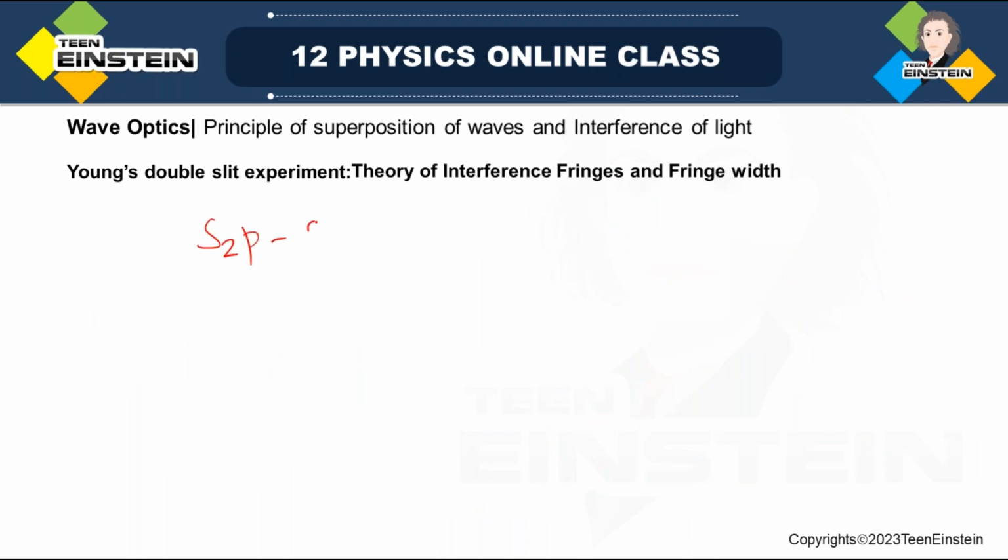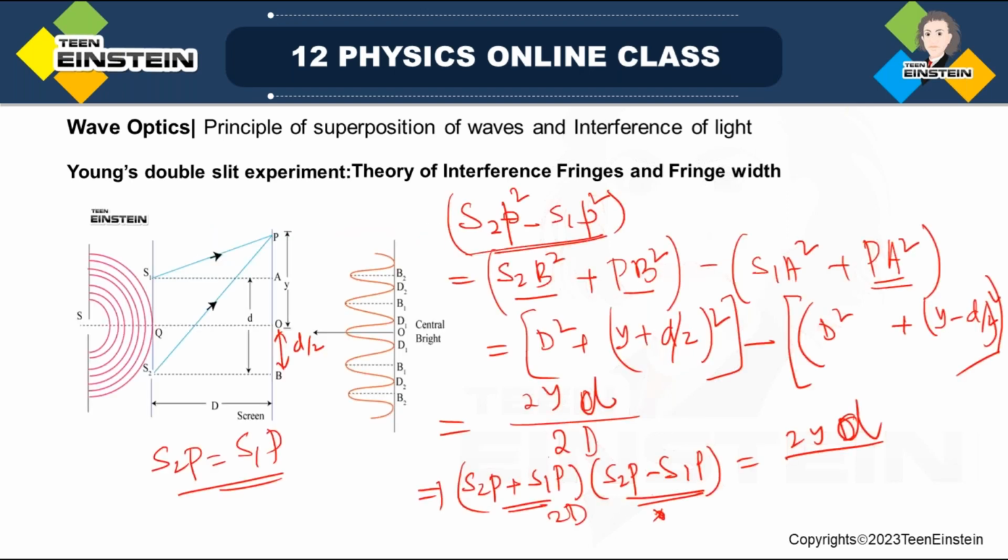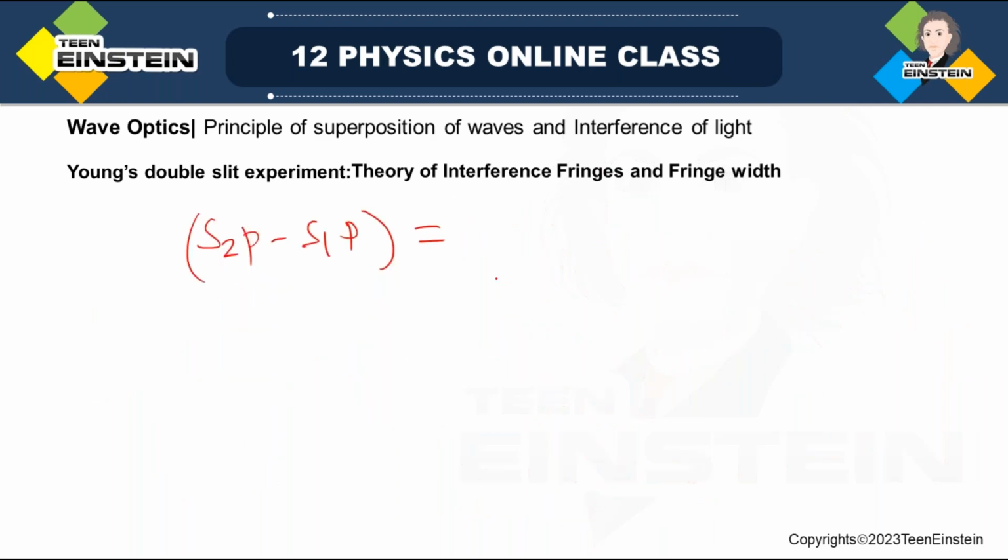S2P minus S1P is equal to 2y small d by capital 2D, sorry, capital 2D.